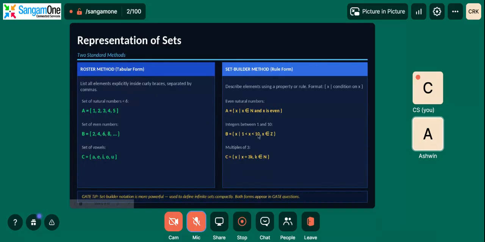Similarly for all the elements 1, 2, 3, 4, 5 and so on, and multiples of c. If you consider 2's multiples, x equals 2k, where k belongs to N. So the tip I want to give is that set builder notation is more powerful, used to define infinite sets compactly. Both forms of questions appear in GATE questions.